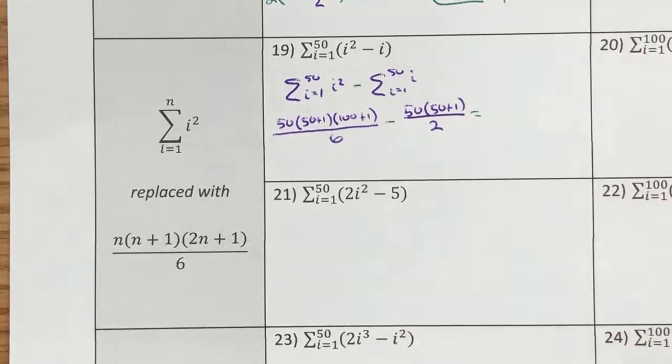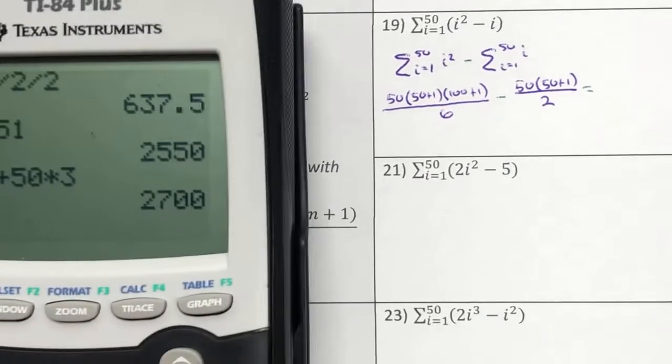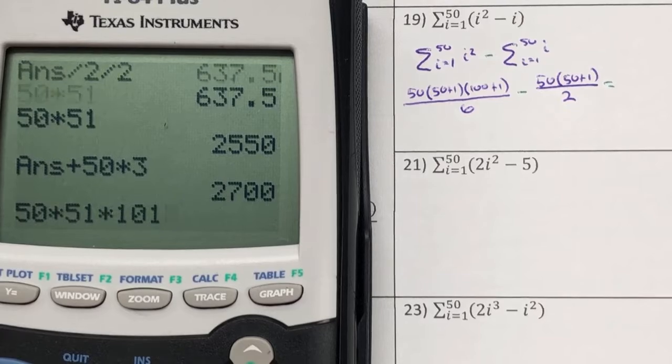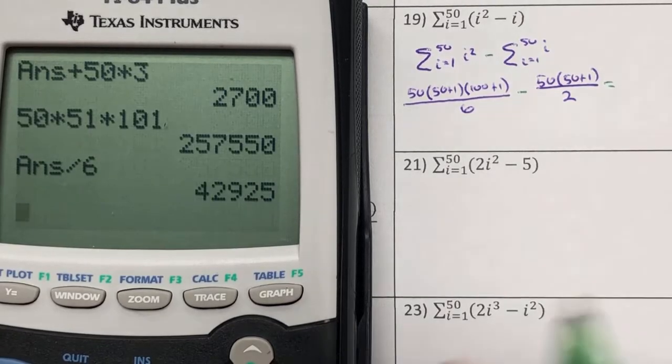Let's see what we get with this one. Okay. So this is going to be 50 times 51 times 101 divided by 6.